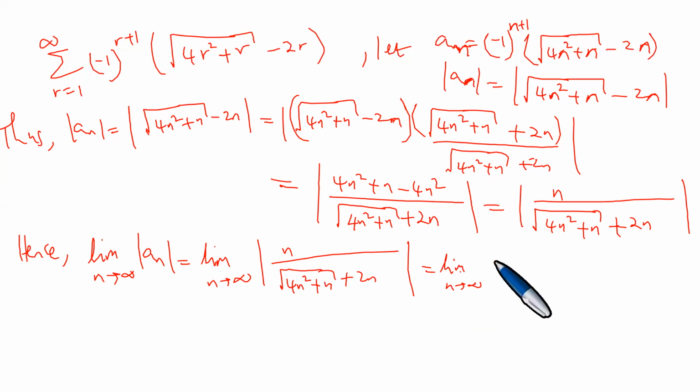It's n here and n there, so you can even remove the absolute value, or the modulus, because everything is positive and n approaches infinity, so the values of n are positive. This is 4.